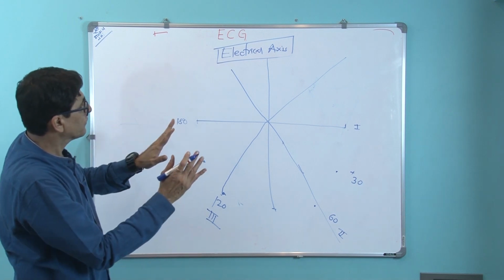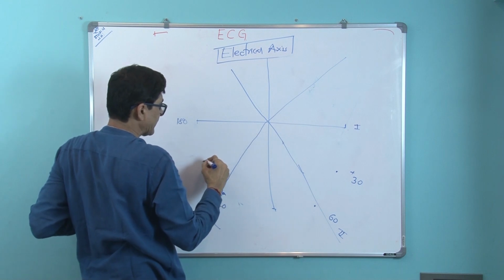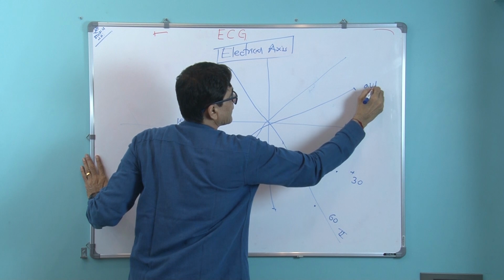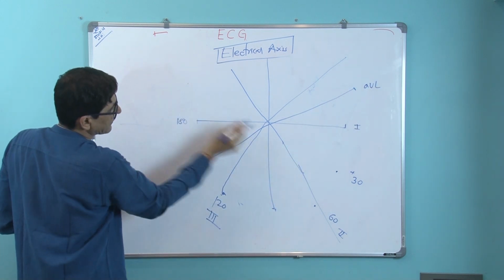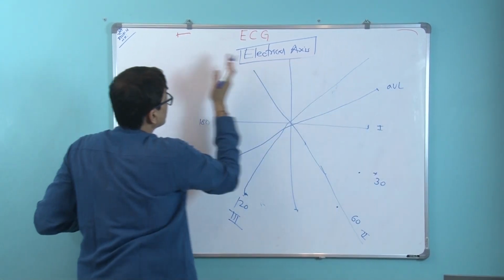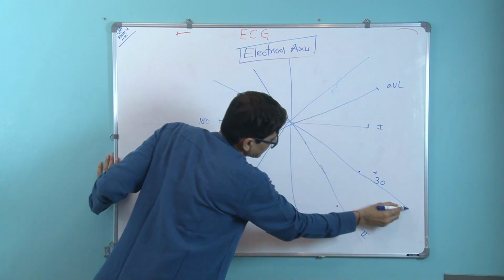Now AVL is on the left side, so draw from here. This is AVL. AVR, you draw from right here, right arm, left arm, right arm. So AVL, AVR. Okay.